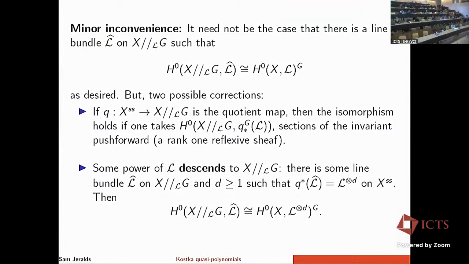That is going to be one of the takeaways, that any such power D that descends is a period of one of these quasi-polynomials. Yeah. So Boysal worked in the case of tensor products.